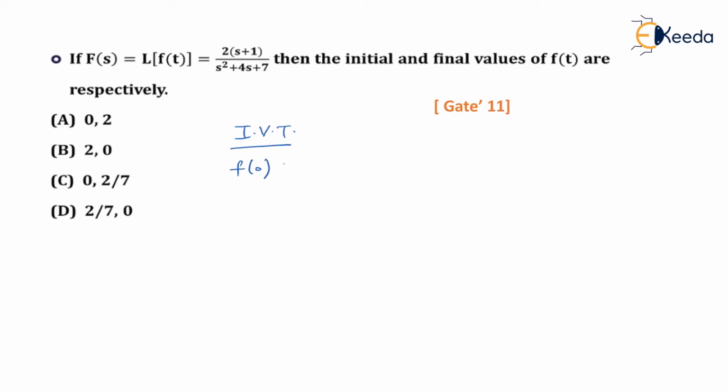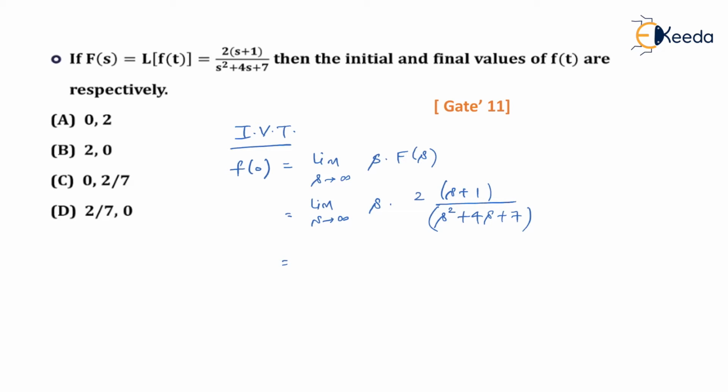So by initial value theorem, it is limit s tending to infinity, s times F of s, which is equal to limit s tending to infinity, s times, let me copy my F of s, (2s plus 1) divided by s squared plus 4s plus 7. You know very well how to solve this problem.